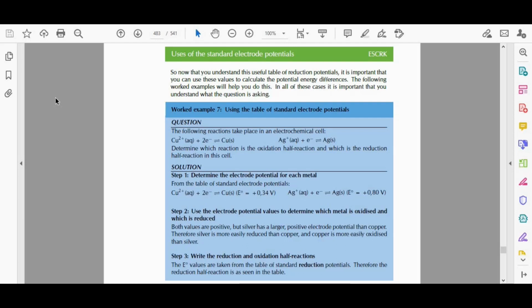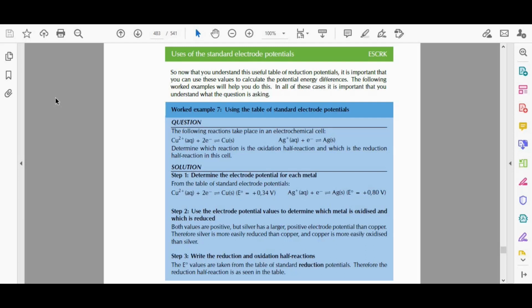At the moment, they both look like reduction reactions, but we know that's impossible. One substance is being reduced and one is being oxidized. Determine which reaction is the oxidation half reaction and which is the reduction half reaction.